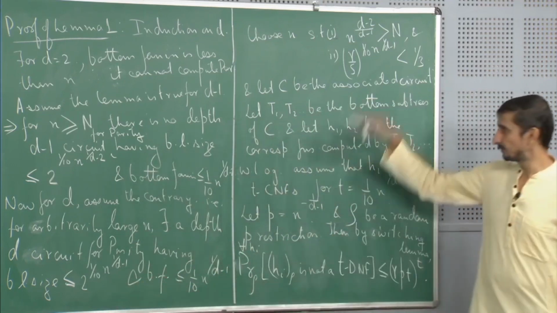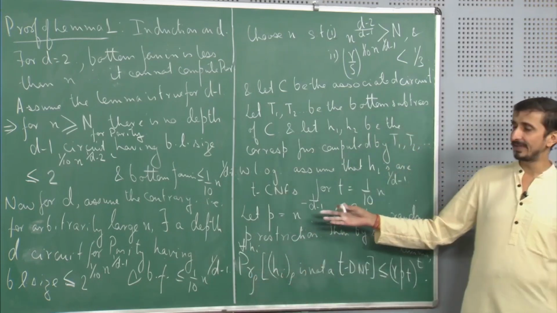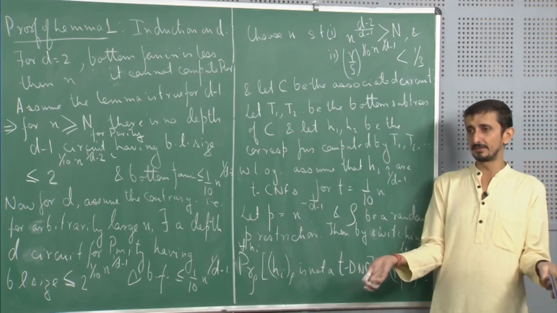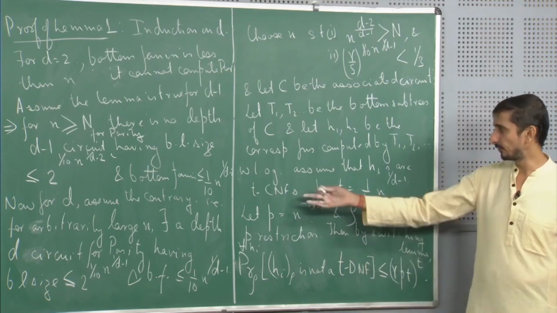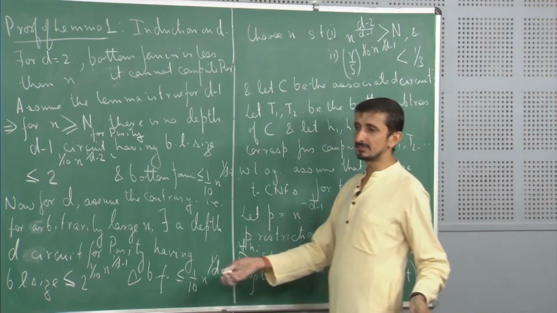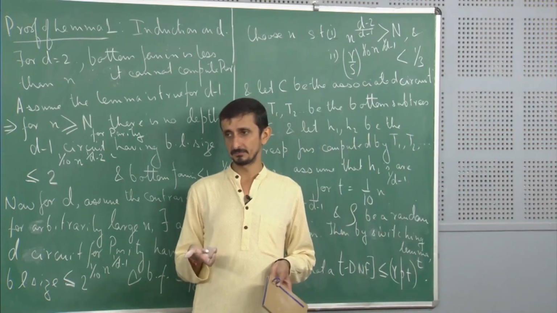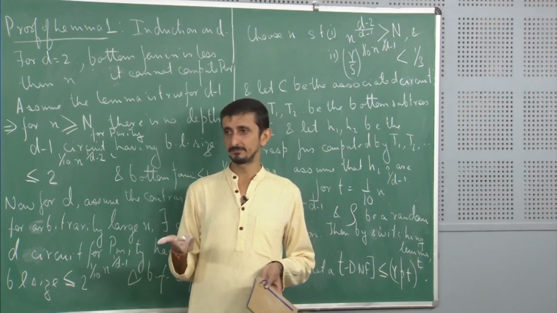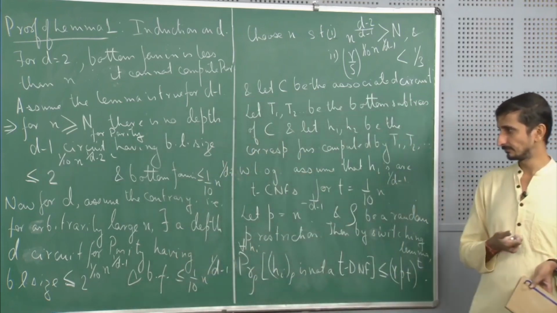Under this assumption we go forward. If the bottom fan-in is bounded by t, then of course we get a TCNF and TDNF at the bottom. So all the clauses that I get at the bottom will have at most t literals, therefore it is a TCNF.